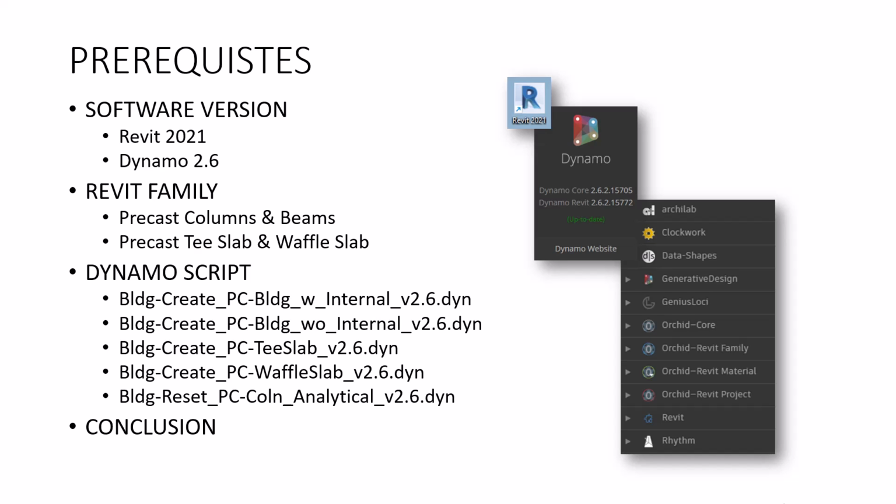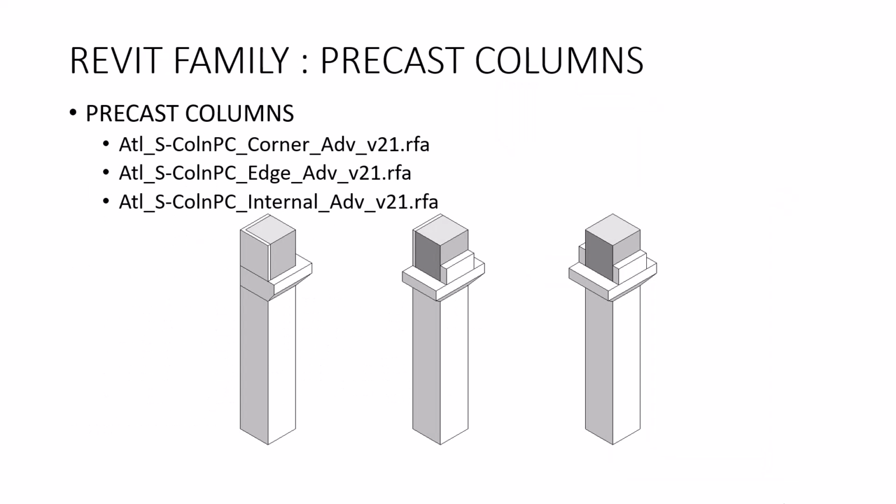So come to the Revit family. I do have the precast columns and beam, precast T-slab and wafer slab as well, right? As a precast column, I try to split into three types. One is for corner, one is for edge, and the last one is for internal usage.